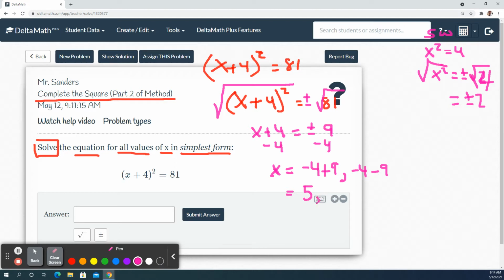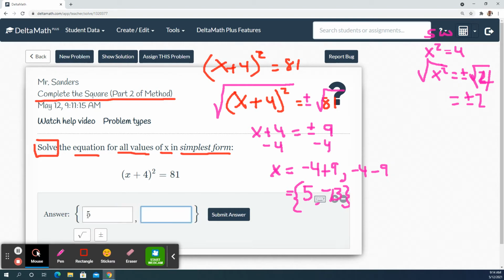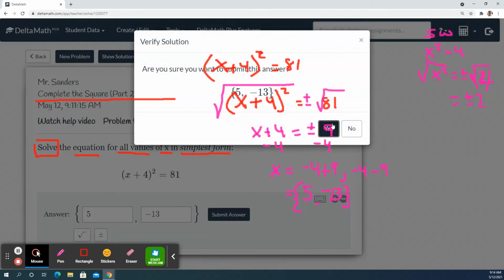Negative 4 minus 9 is negative 13. So we have two answers, so we put them in braces, they're called. So there's our answer: 5, negative 13. I would recommend putting these in order, negative 13, 5, but maybe I'll do that next time.